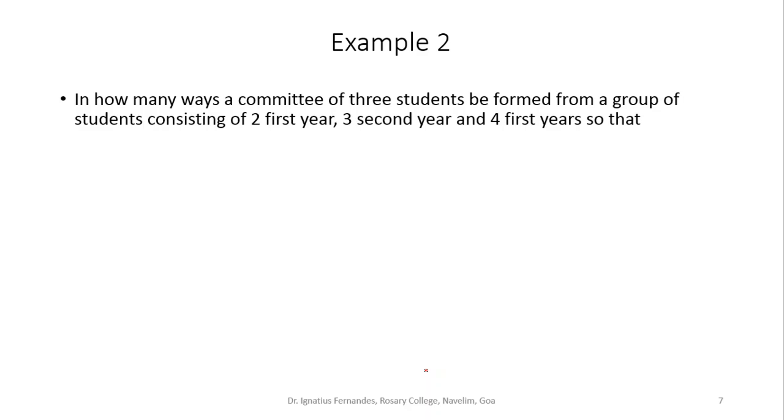We'll continue with some examples. In how many ways can a committee of 3 students be formed from a group of students consisting of 2 first year, 3 second year, and 4 third year students, so that one student from each class is in the committee? Now, this is an example we already discussed earlier.